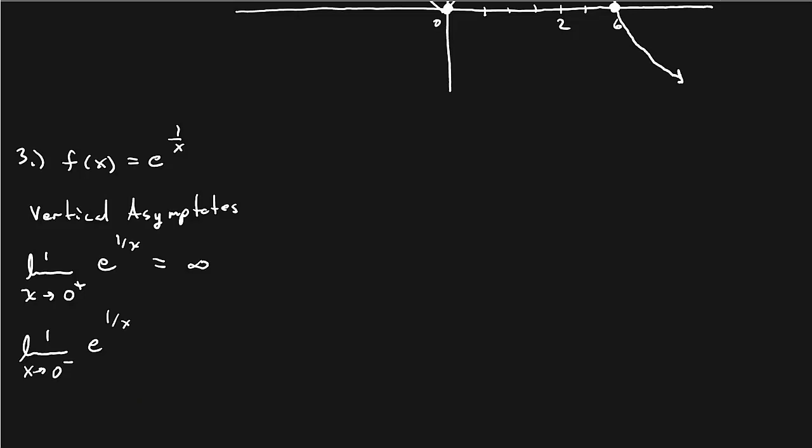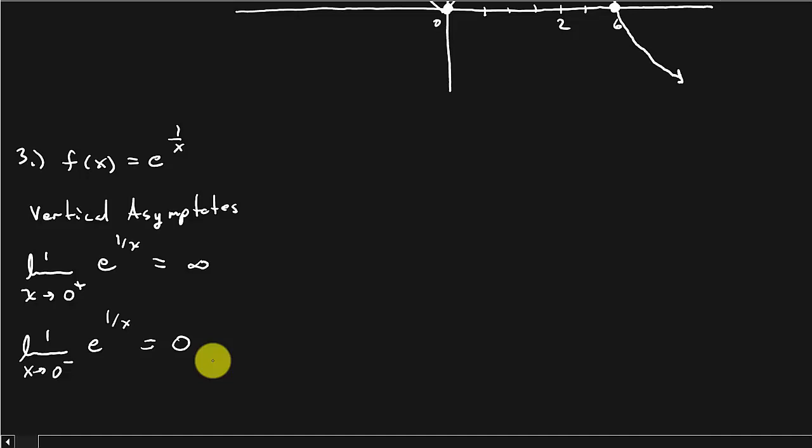You can see that as x gets closer and closer to 0 from the left-hand side, this exponent is going to what? Negative infinity. And so if we take this term and move it down to the denominator, it's like it's going to positive infinity. So we have 1 over something going to positive infinity, and that would equal 0.